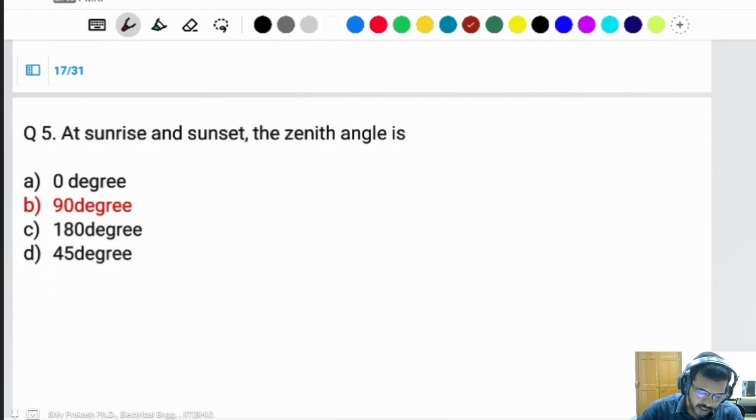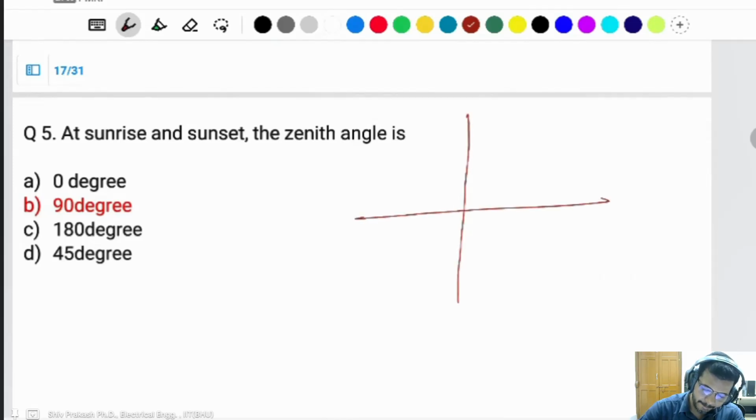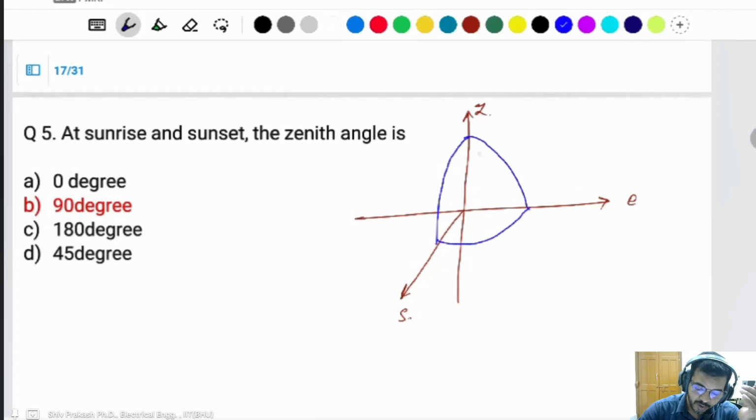At the sunrise and sunset, the zenith angle, same thing. East point. The meridional axis is the middle of the angle, the middle of the earth's rotation, you can say.